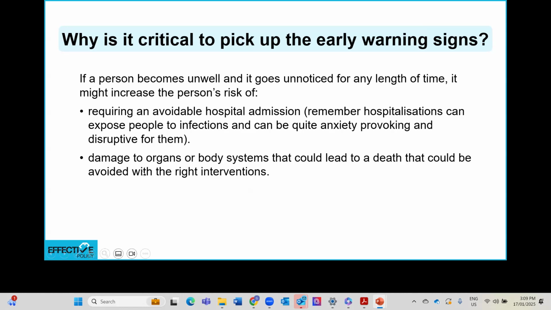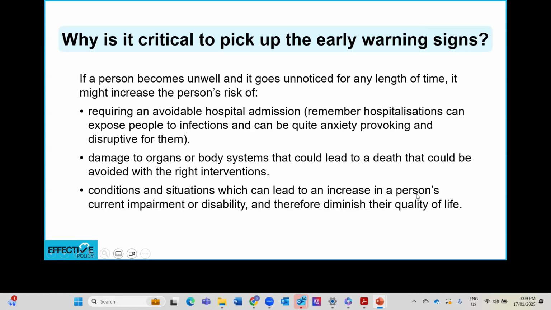It can damage organ or body systems that could lead to death. So as happened with Anne-Marie Smith, the infection had damaged her, had given her wounds, had damaged her internal organs as well, and she died. She died because her body shut down.